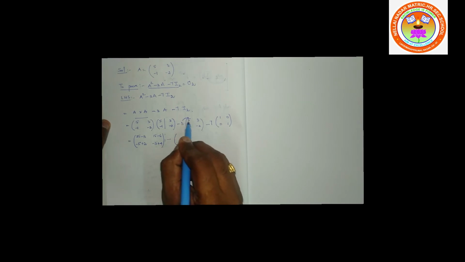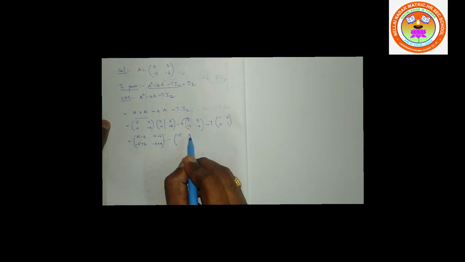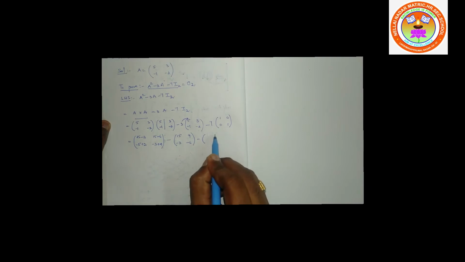Next, multiply this 3 with each and every element inside the matrix: 3 5s are 15, 3 3s are 9, 3 into minus 1 is minus 3, 3 into minus 2 is minus 6. Minus 7, I multiply each and every element: 7 into 1 is 7, 7 into 0 is 0, 7 into 0 is 0, 7 into 1 is 7.